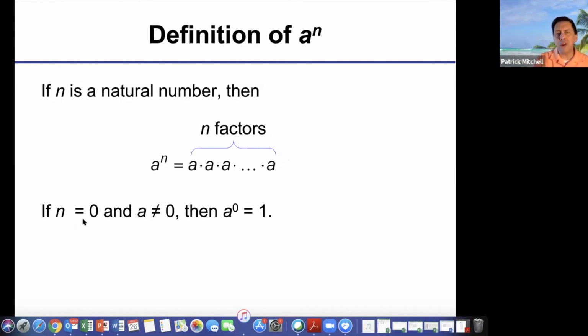And a special rule that you may or may not have forgotten from beginning algebra: anything to the power 0 is 1, except for 0 to the power 0, that's undefined. But any other number to the power 0 is 1.